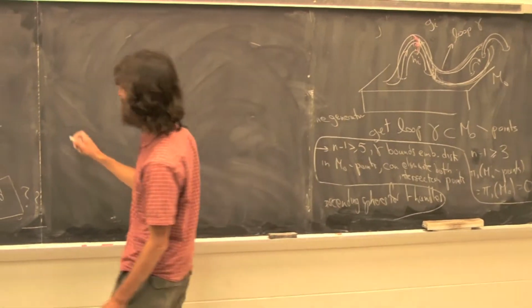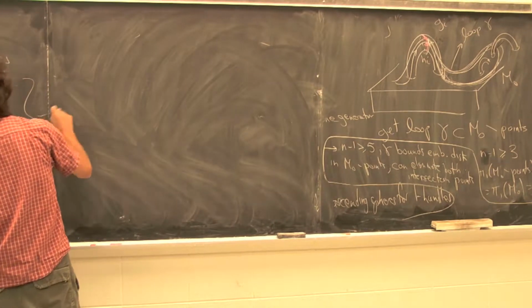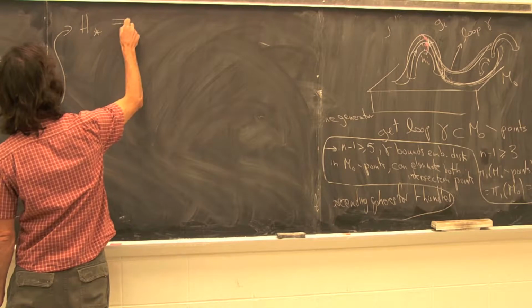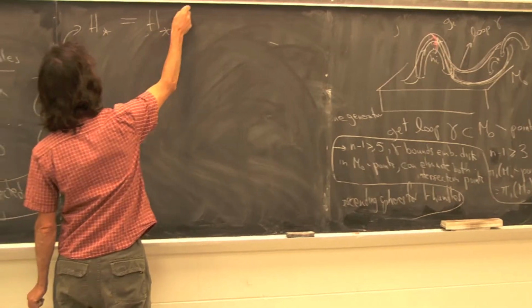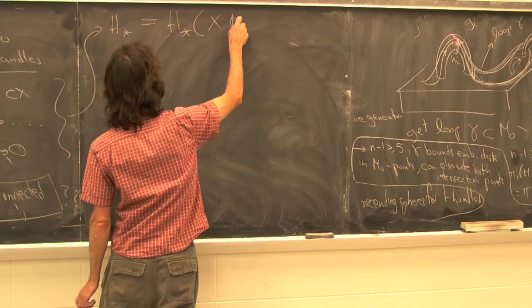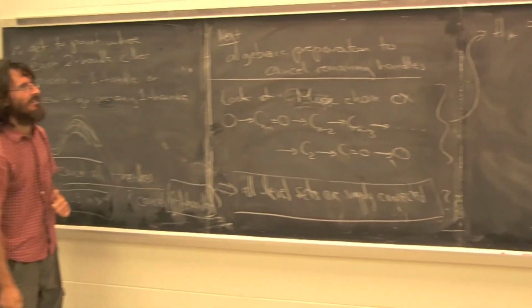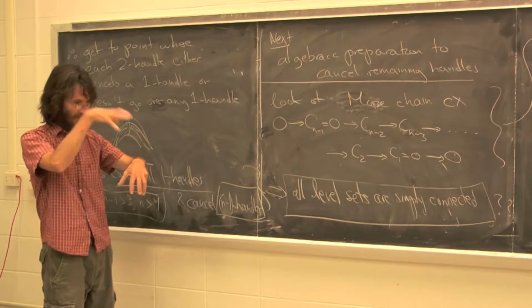The homology H star of this is equal to H star of X rel M0. If you do the homology going the other way, you have the homology rel the top, because you're just thinking of these things as cells attached down.